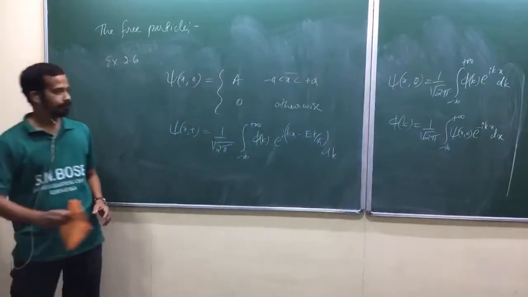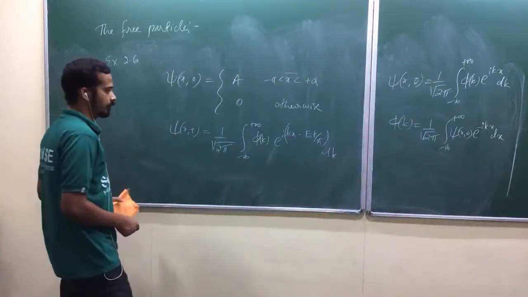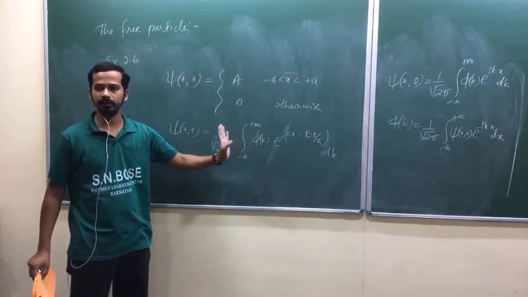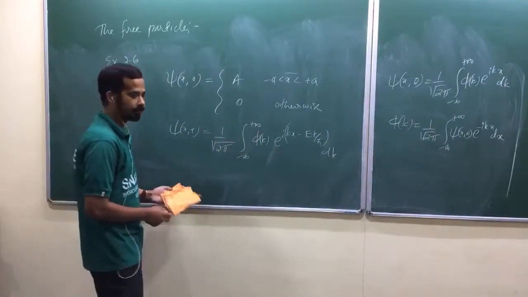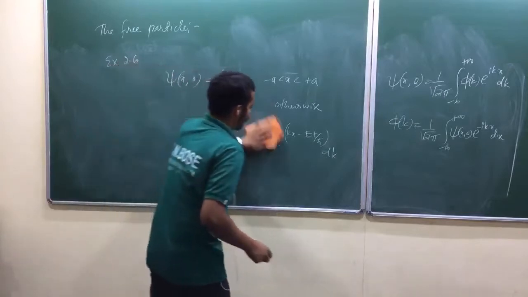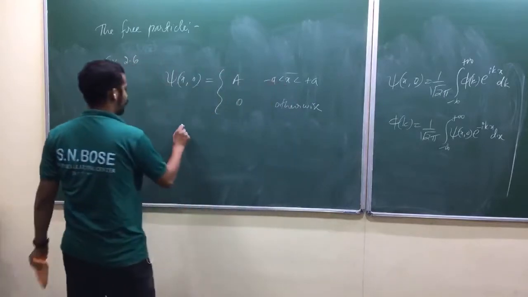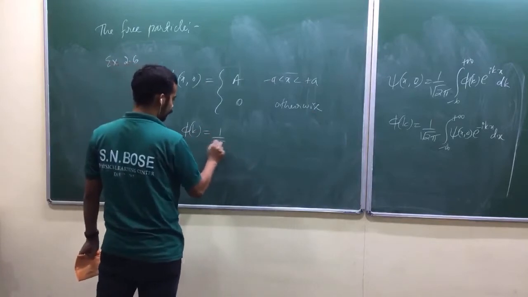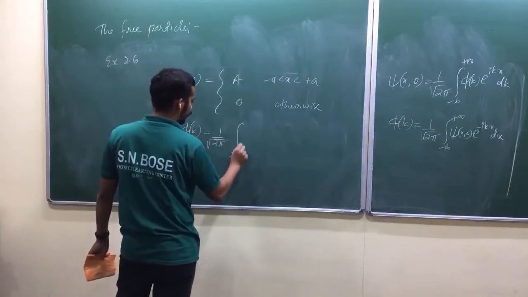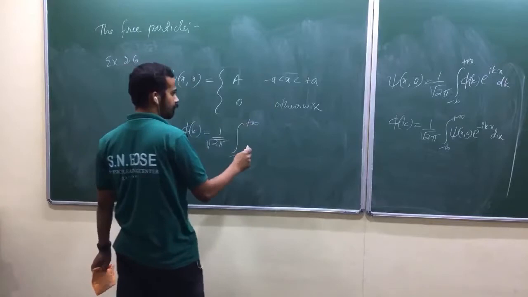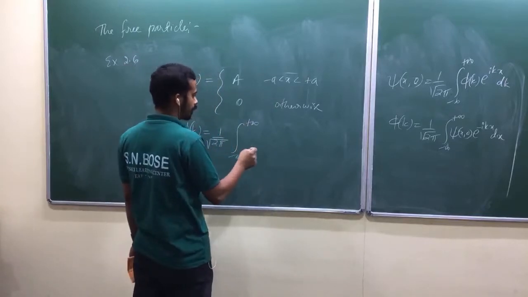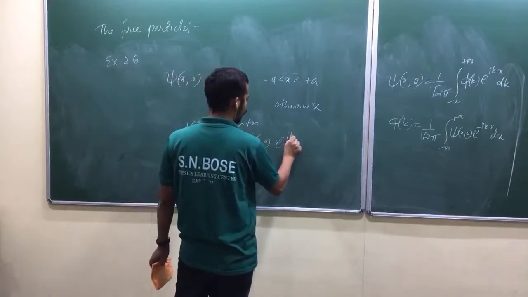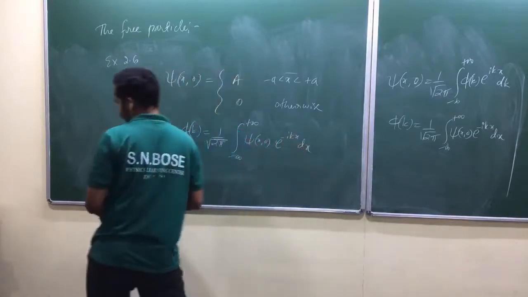Now let us find that phi of k. So this is what is expected, but you should find phi of k, then it's done. Is that clear? Let me find phi of k. So phi of k is equal to, what is this? Speak out. Integral from minus infinity to plus infinity of psi of x comma 0 into e power minus i kx dx.